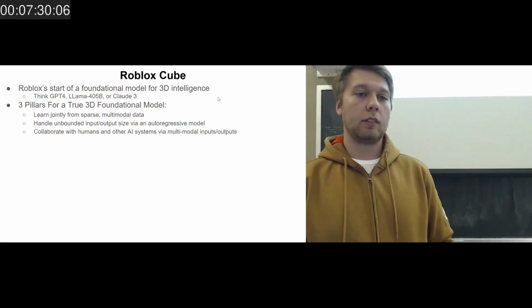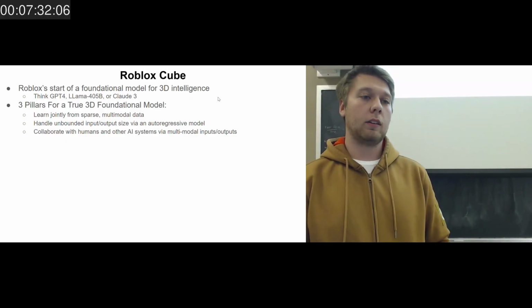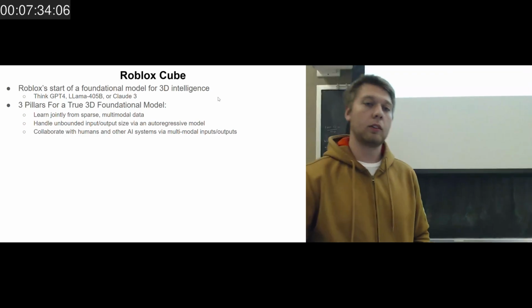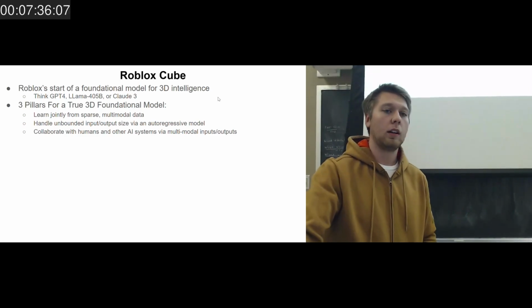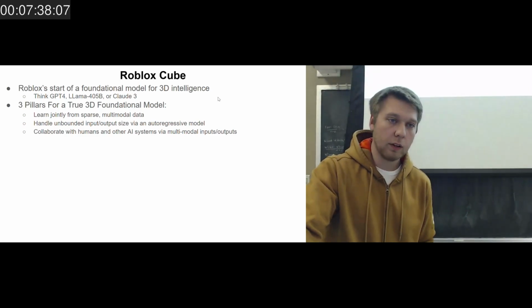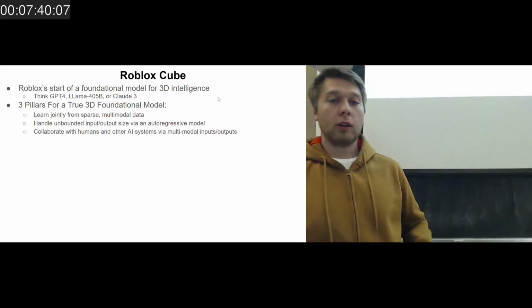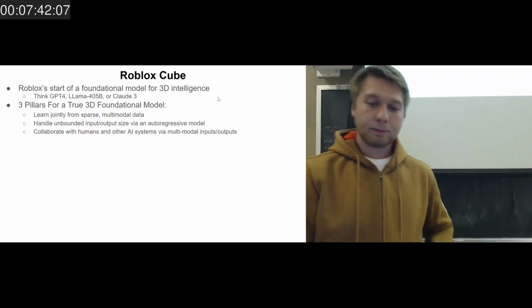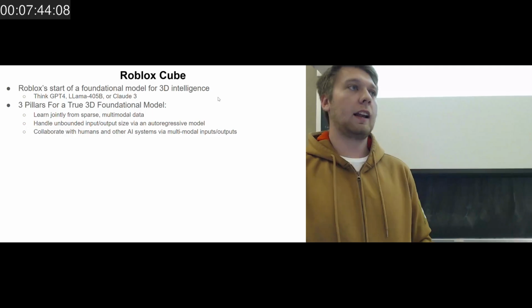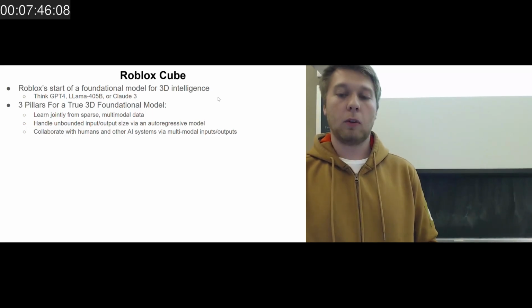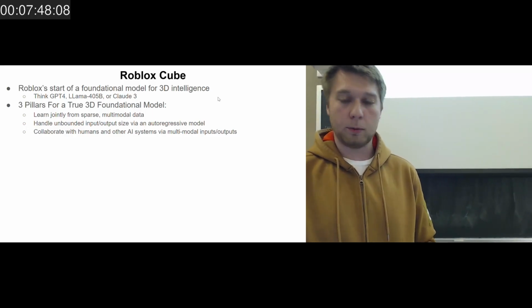In their paper, at the beginning, they detail three pillars they require to consider this a true 3D foundational model. The first is learning jointly from sparse multimodal data. Basically, there's not a lot of 3D data available on the internet, especially with any sort of descriptions.